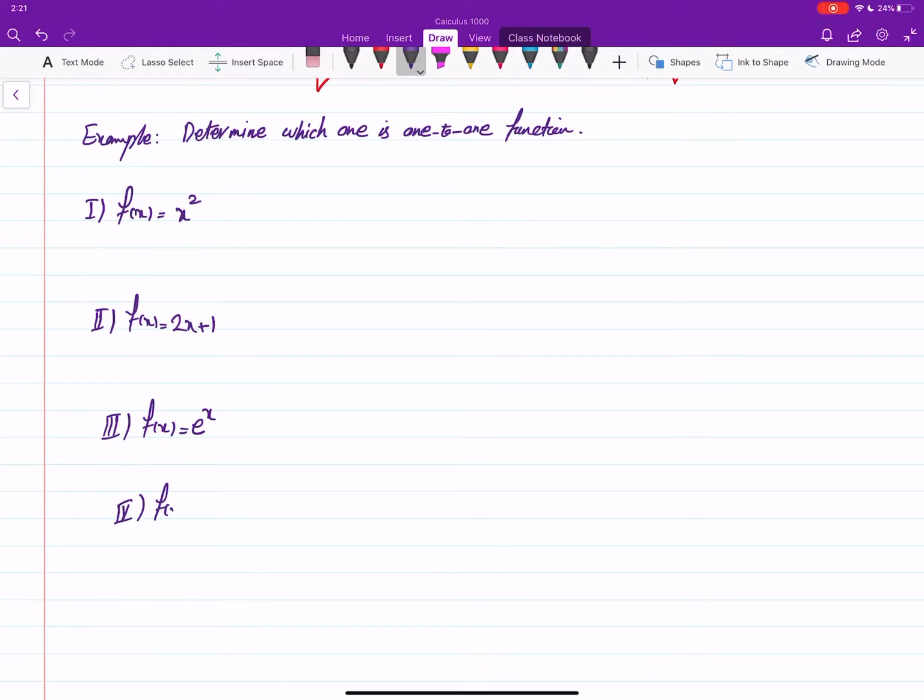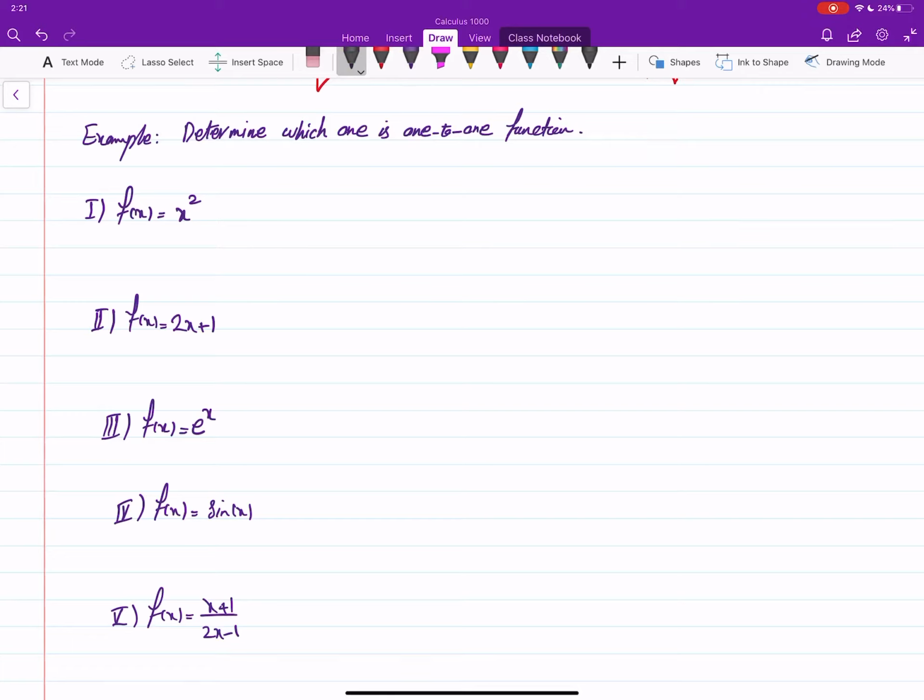The fourth one is sine x. And this last one is a good example, basically showing everything algebraically very nicely. So let us do these ones.